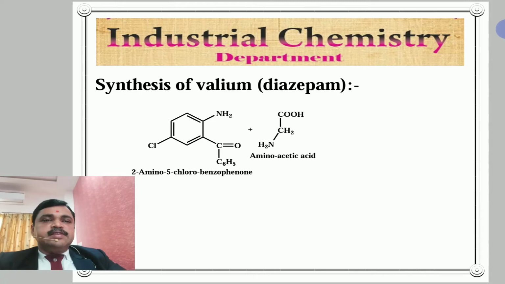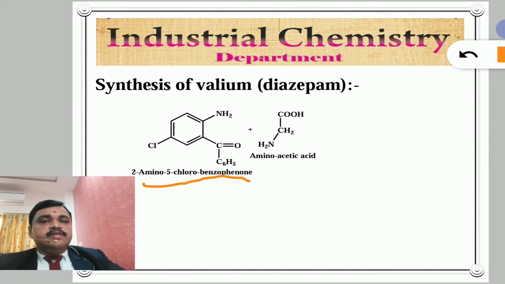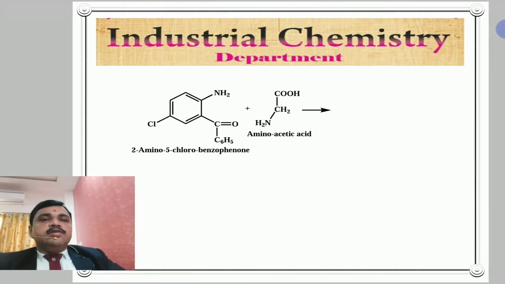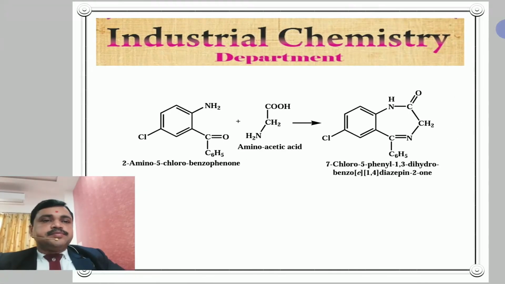And the second is amino acetic acid. Here the structure is 2-amino 5-chlorobenzophenone, a benzophenone derivative, and this is amino acetic acid. Now these compounds are treated and give 7-chloro 5-phenyl 1,3-dihydrobenzo[e] 1,4-diazepine 2-one.